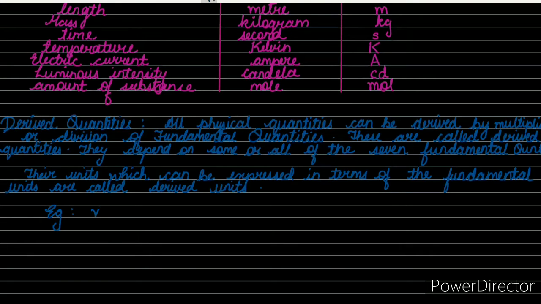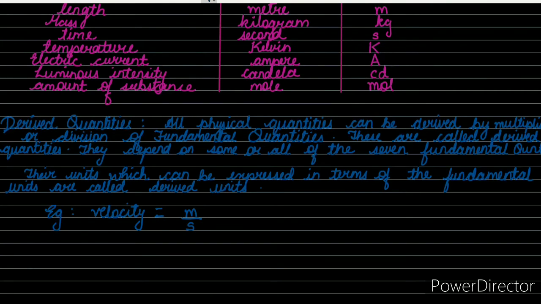For example, let us take velocity as our derived quantity. As I said, the derived quantities depend upon the fundamental quantities. We know the unit for velocity is meter per second, whereas its formula is displacement upon time.